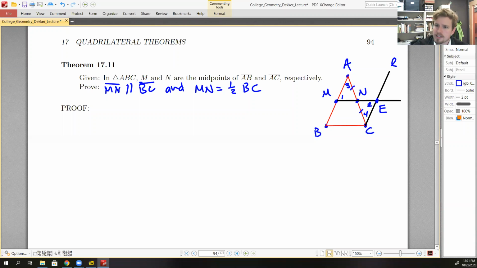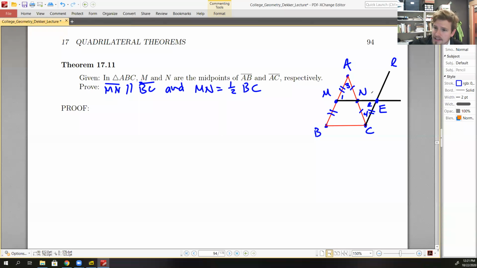in which case we'd still have side angle angle. So we can get that these two triangles are congruent, which tells us that this side and that side are the same length. This side is congruent to this side because M is the midpoint, and that gives us that it's congruent to that.